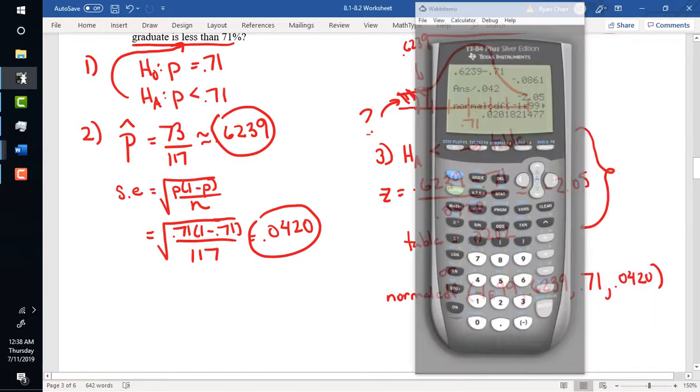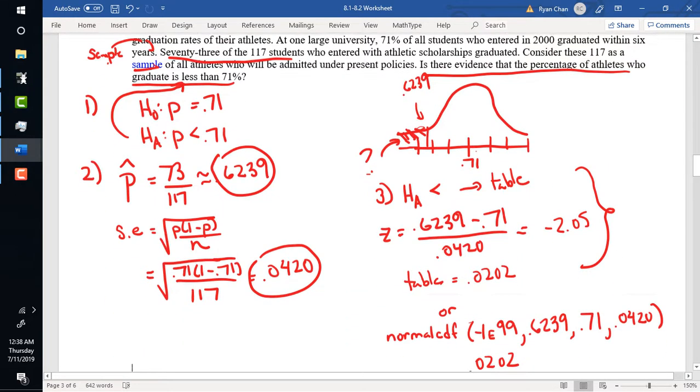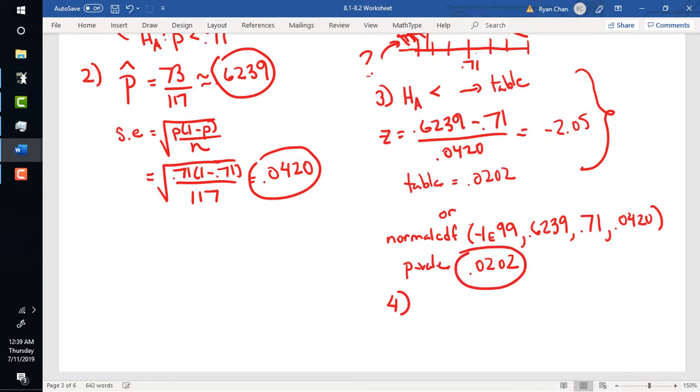And if you notice I get something really close, I get 0.0202. Okay, so either way, my p-value is going to be 0.0202.